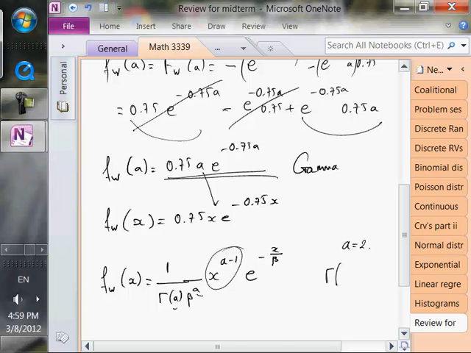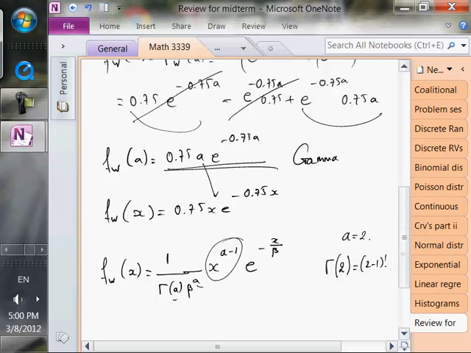Okay, what is gamma of 2? Gamma of an integer number is the integer minus 1 factorial. So it's 2 minus 1 factorial, which gives you, as usual, 1. That's why you don't see 1 over 1 here. What is beta here? Beta will be the factor in the exponent.